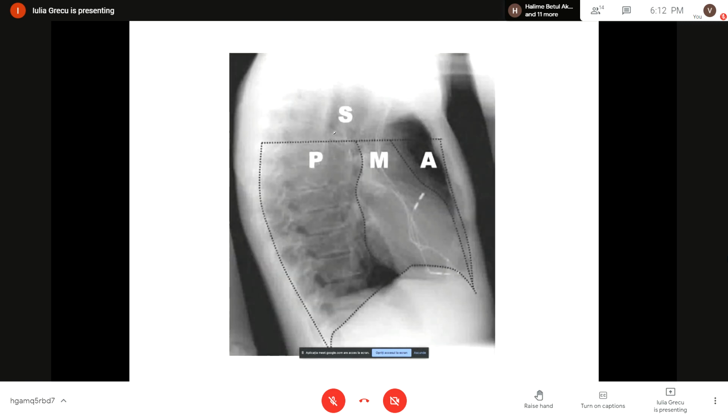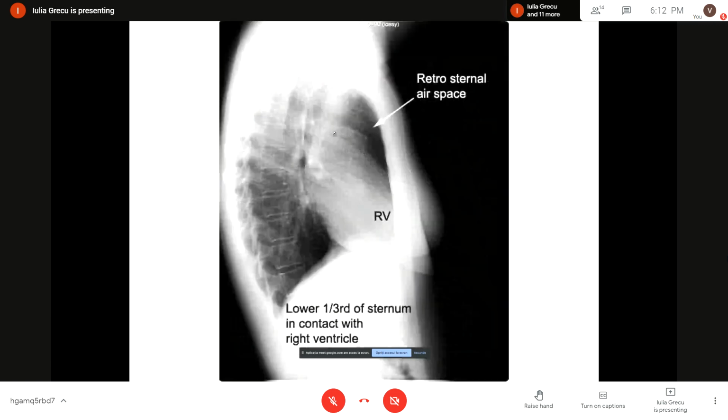That's why for the analysis of the mediastinum, the exploration done by computed tomography is far, far superior, especially for the mediastinum, also for the lungs, but especially for the mediastinum.